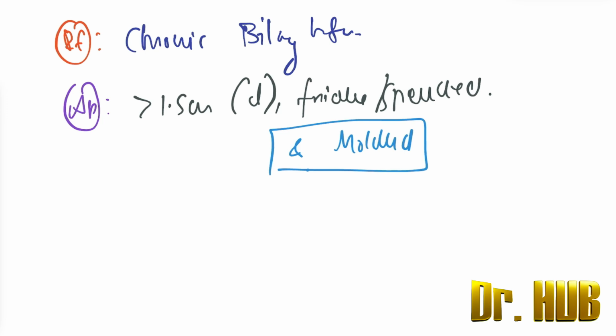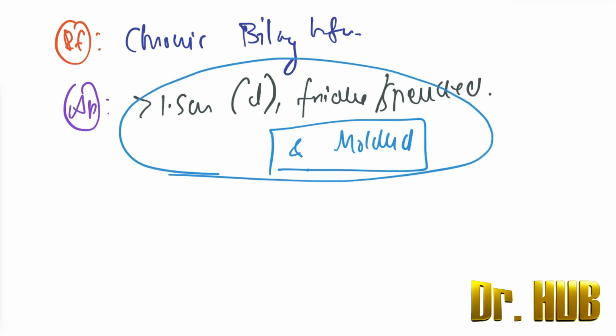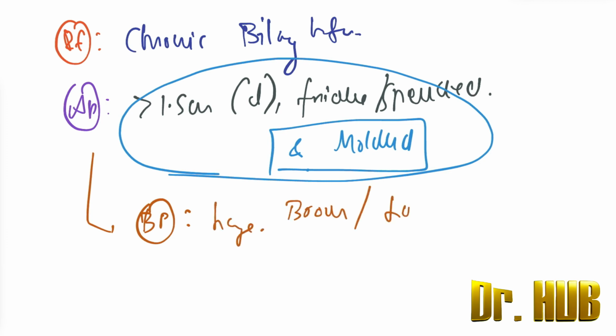So this was about the black pigment. In terms of the black pigment, it was greater than 1.5 centimeters in diameter, friable, spiculated and molded. Whereas in terms of the brown pigment, it is large, brown, as well as laminated and soft.